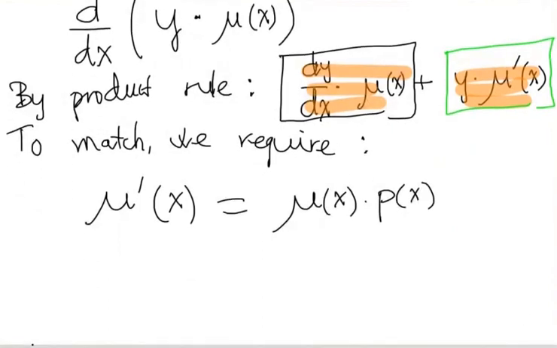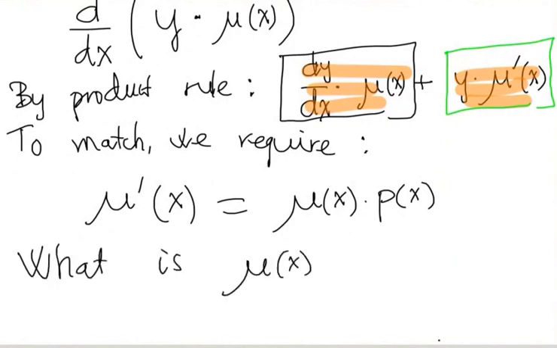Then from here, we want to know what is mu of x. Well, we want to find a function mu whose derivative is the same as mu times another function. What kind of function is like that?